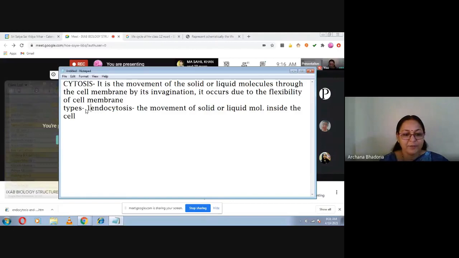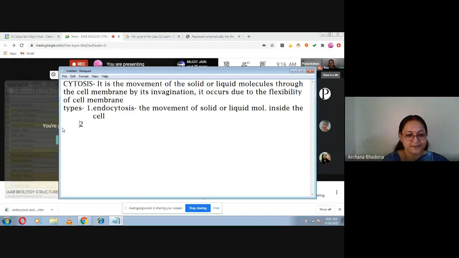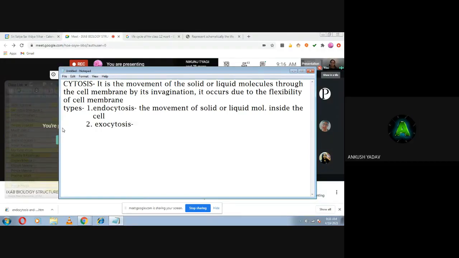You will remember it better when you number the things. The next is exocytosis. What will happen in exocytosis, children? The movement of solid or liquid molecules outside the cell.